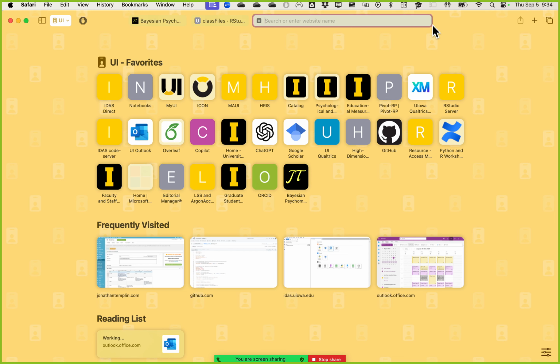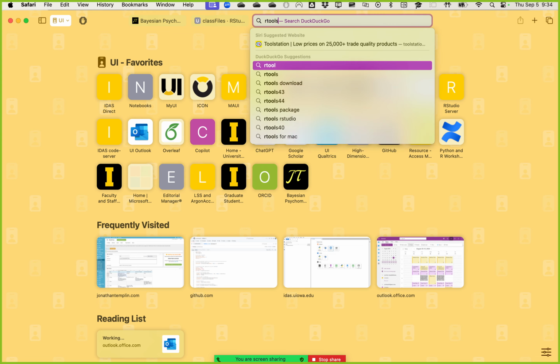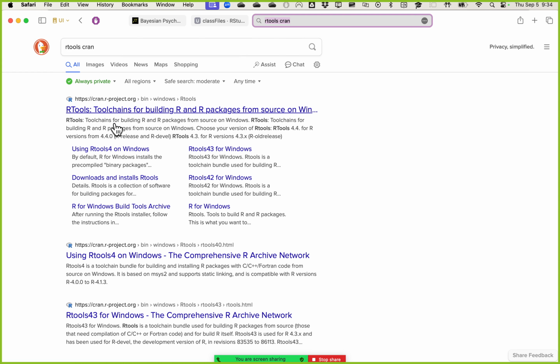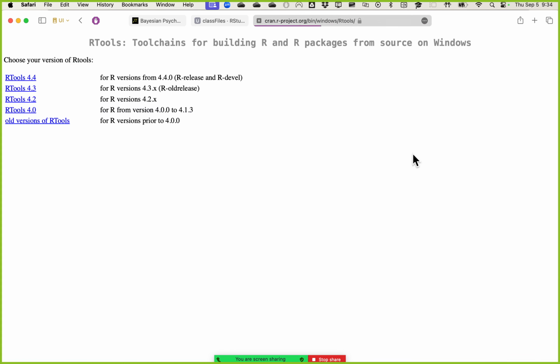That's called RTools. So if you Google RTools, CRAN, I think that should do it. It'll take you to this RTools site. If you download and install that RTools package, it's a compiler and some other linkers that allow R to build programs outside of it. Do you have that already, and you have the path?